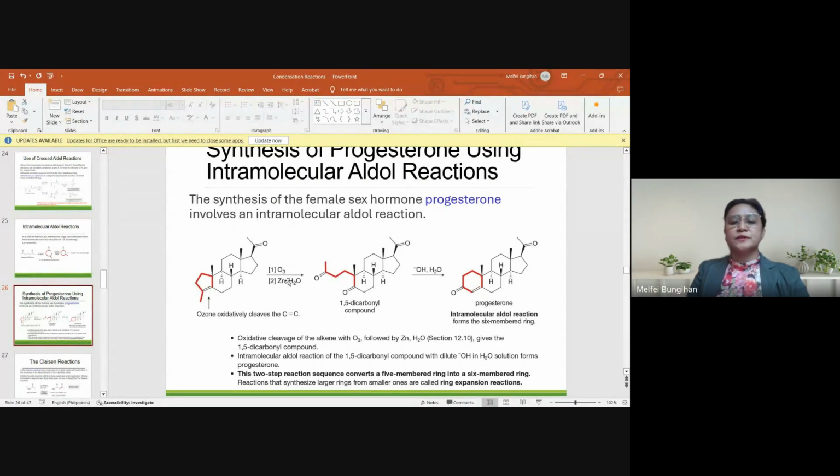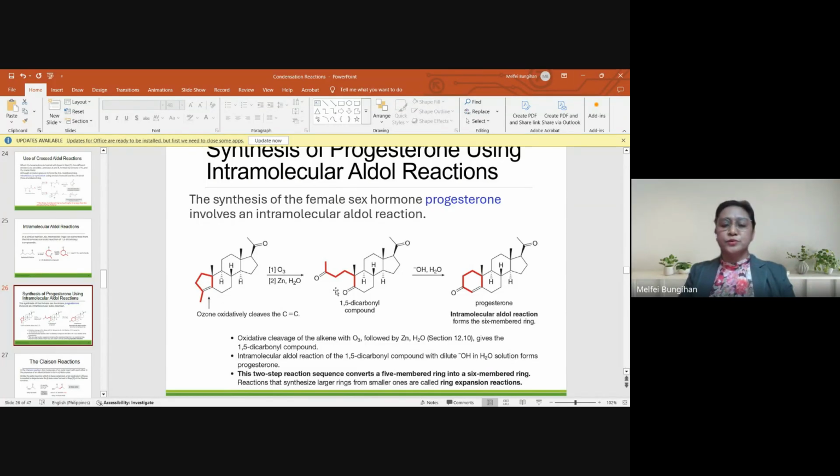Ozonolysis will give you, from a double bond of an alkene, a dione, or aldehyde and ketone formation, depending on the R groups in your double bond. So ozonolysis cleaves this to form your dione.